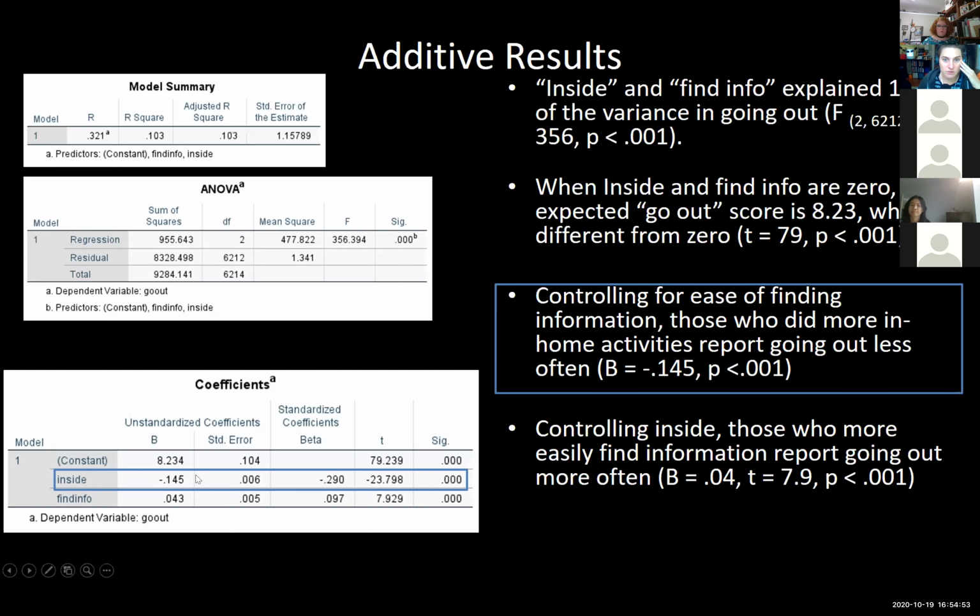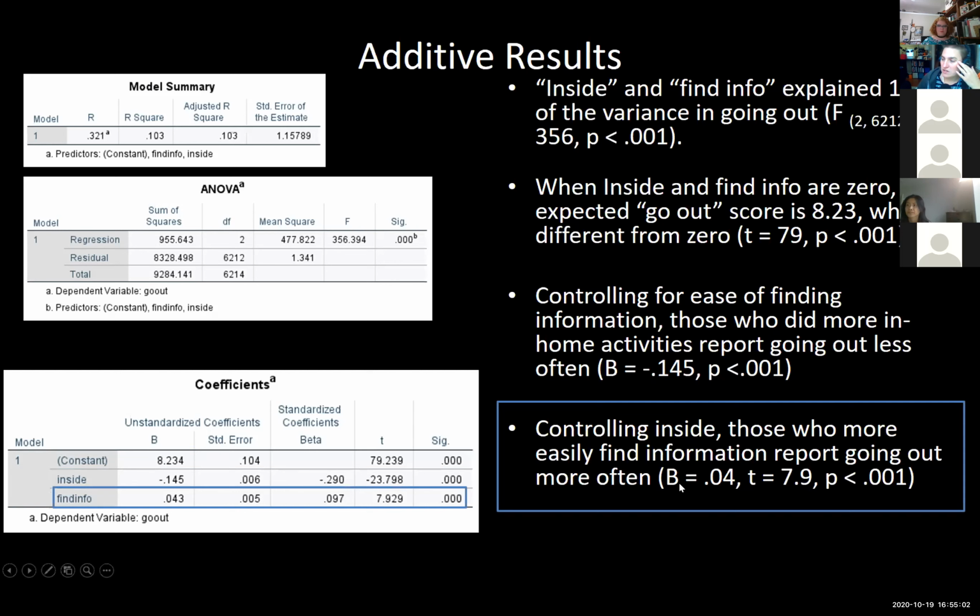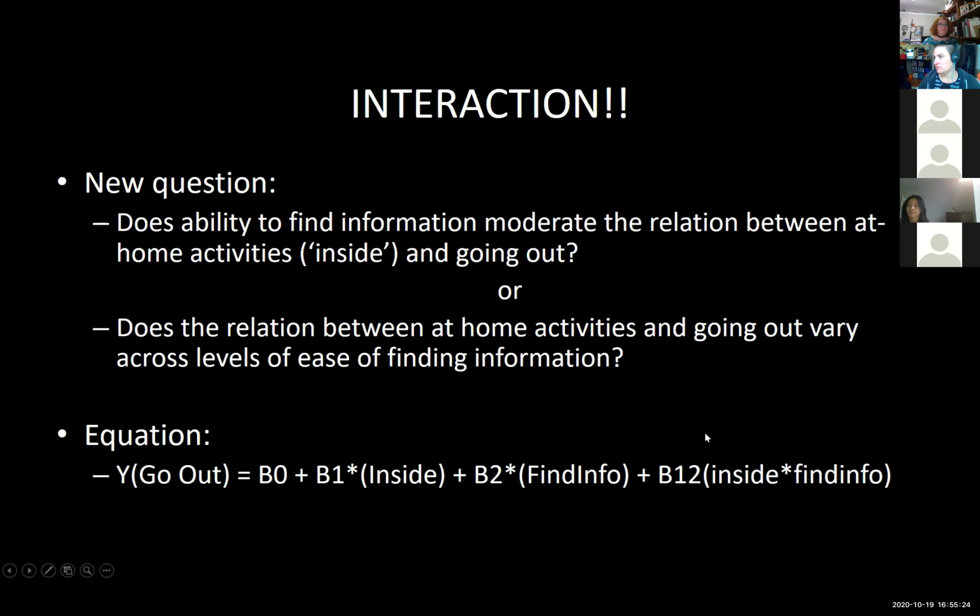My introverted friends would much prefer to read books than go to sports activities. And then this one here says controlling for the number of inside activities people do, those who find information more easily are more likely to go out. All right, so far, making sense, I hope, because we're reviewing. I got 2 nods going on.